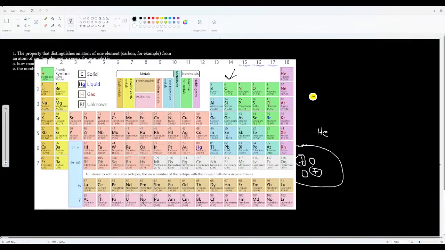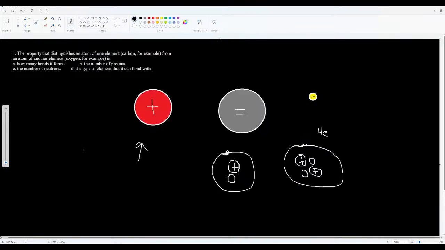So we just take the average, because sometimes there's going to be a nitrogen with 8 neutrons, or sometimes an oxygen with 7 neutrons, that sort of thing. That's what the atomic weight is. The atomic weight is an average. The atomic mass is a specific calculation of one atom, right?